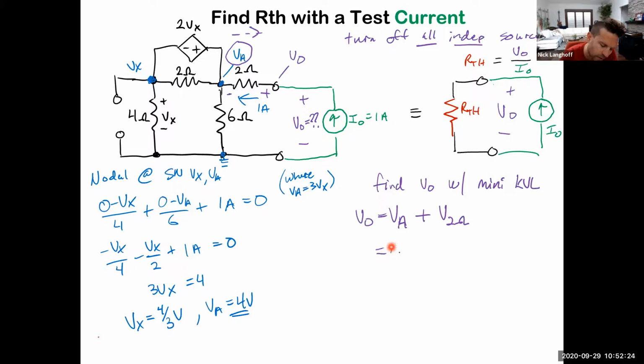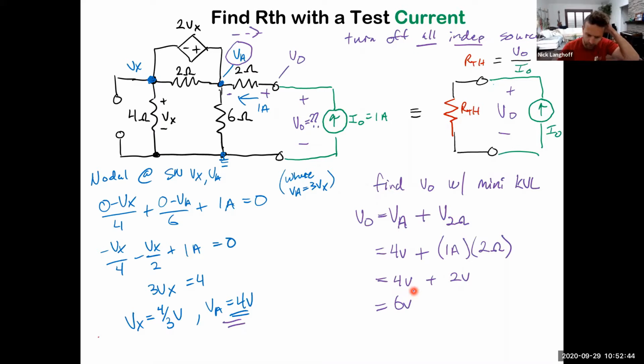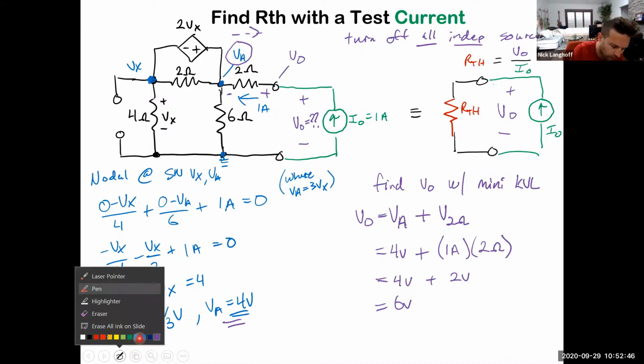VA we already found is 4 volts. We just found that down here. Plus the drop across the 2 ohm resistor. Well, I naught, 1 amp of current, is flowing through the 2 ohm resistor, so 1 amp times 2 ohms gives you the voltage. So that's 4 volts plus 2 volts, or in other words, 6 volts. Now we've got our Thevenin.